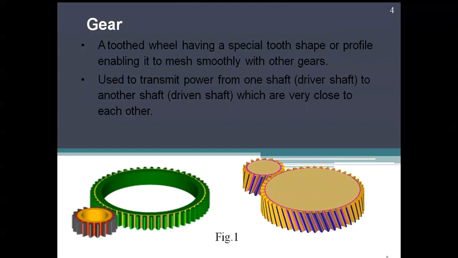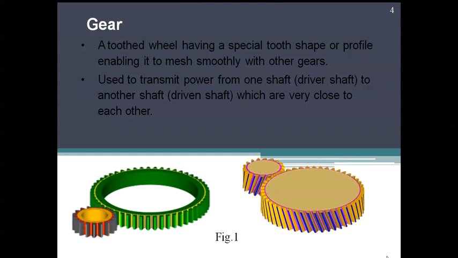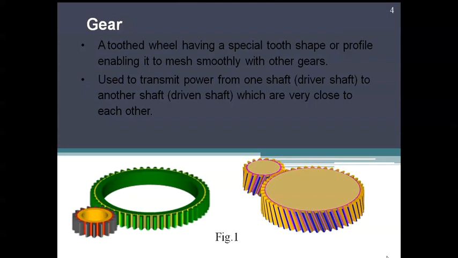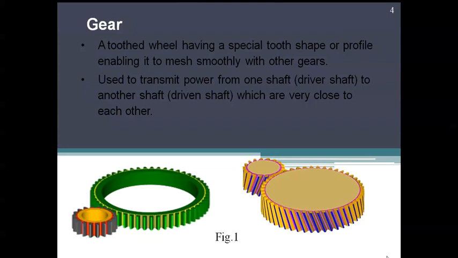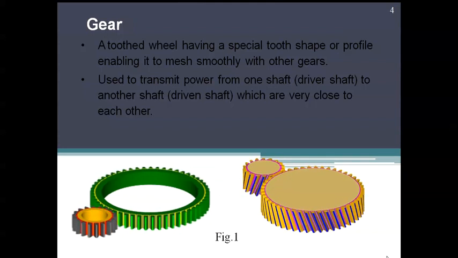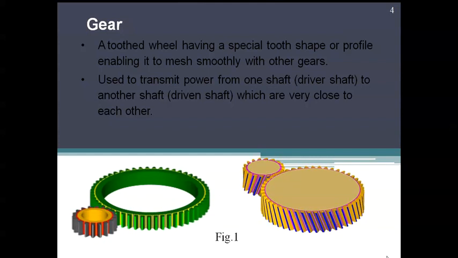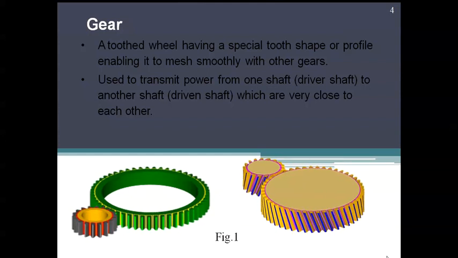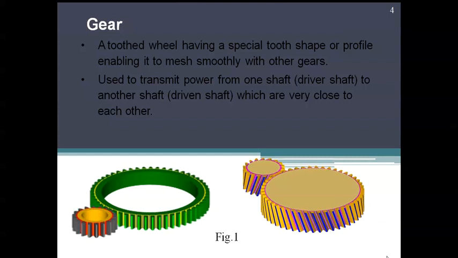First of all, why do we use gear drives? In the previous class we discussed the belt. A belt has the slipping phenomenon. In the transmission of motion or power between two shafts, there is a chance of slip. The effect of slipping is to reduce the velocity ratio of the system.